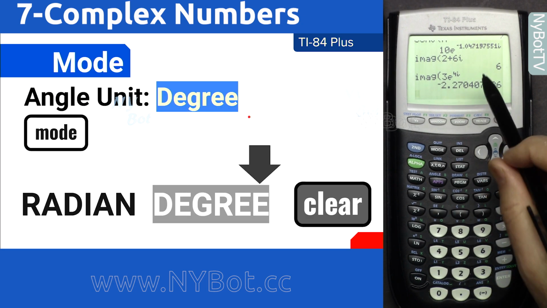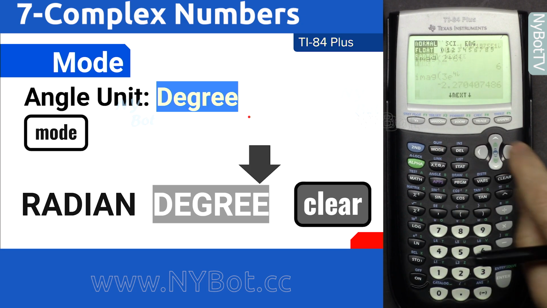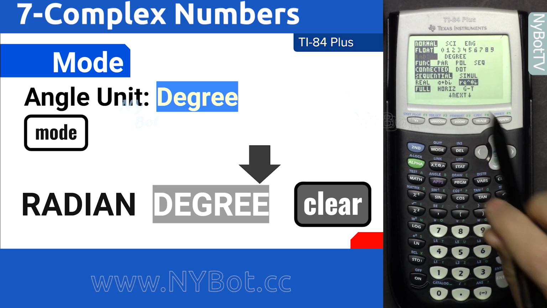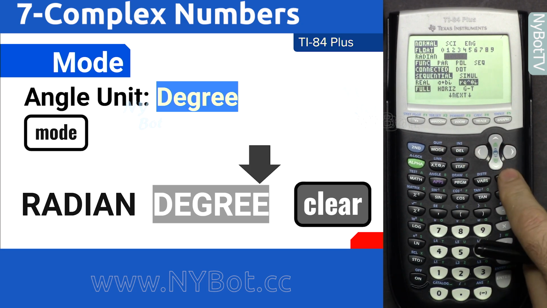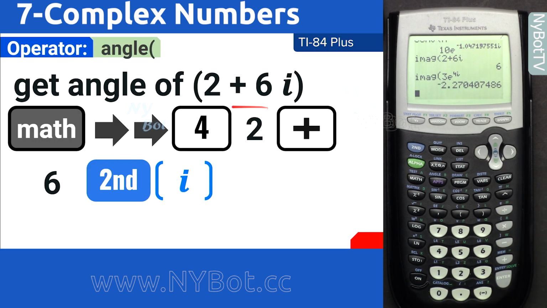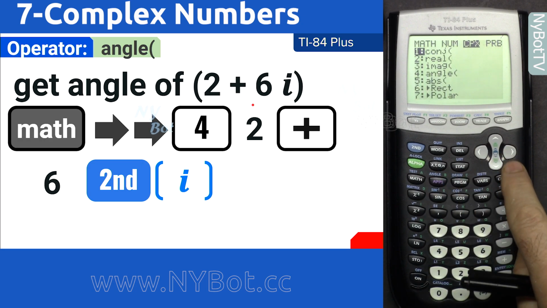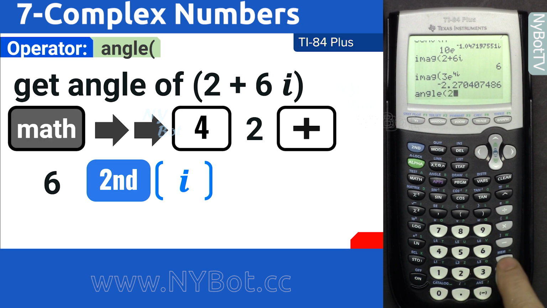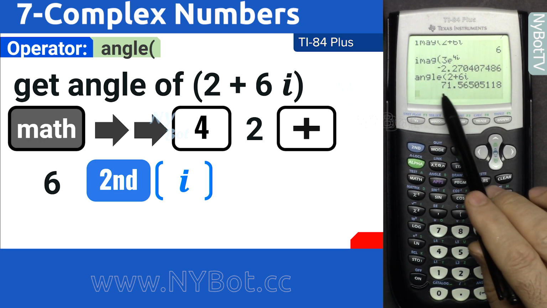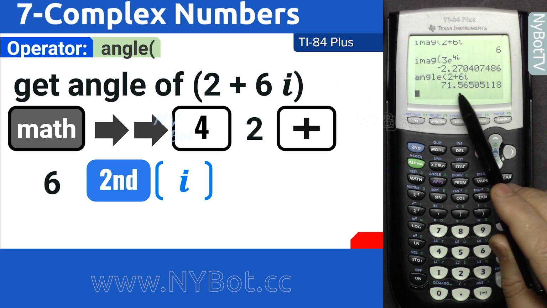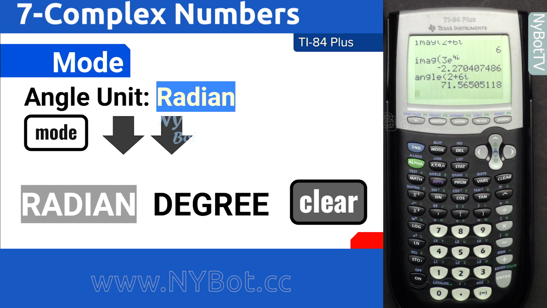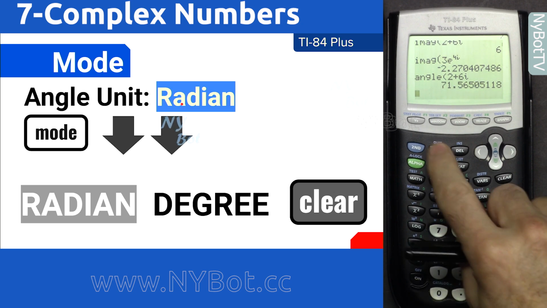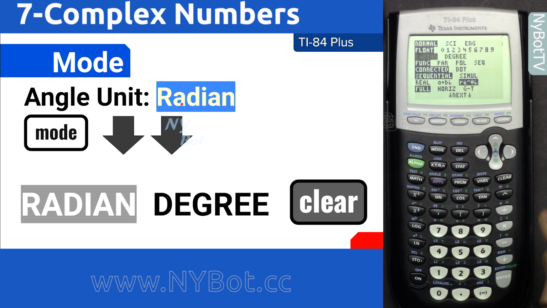Now let's change the unit to degree: mode, unit, degree, and enter, clear. Now let's get the angle of 2 plus 6i: math, complex, and then angle 4, 2 plus 6, second function I, and the angle is now in degrees, not in radians. Now let's change the mode back to radian because we need radian.